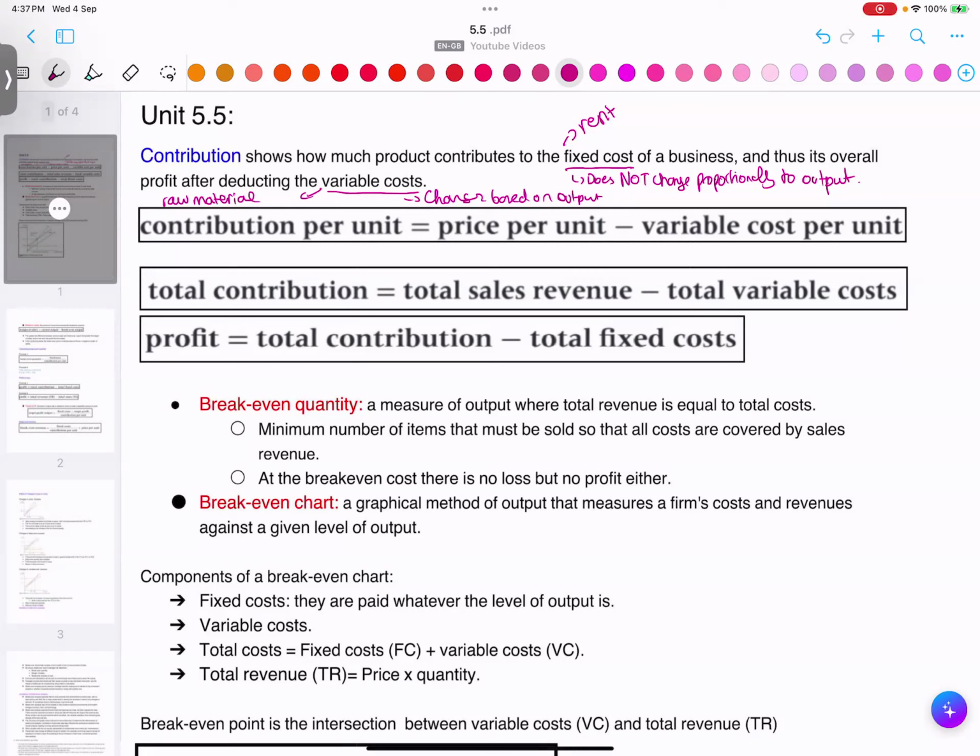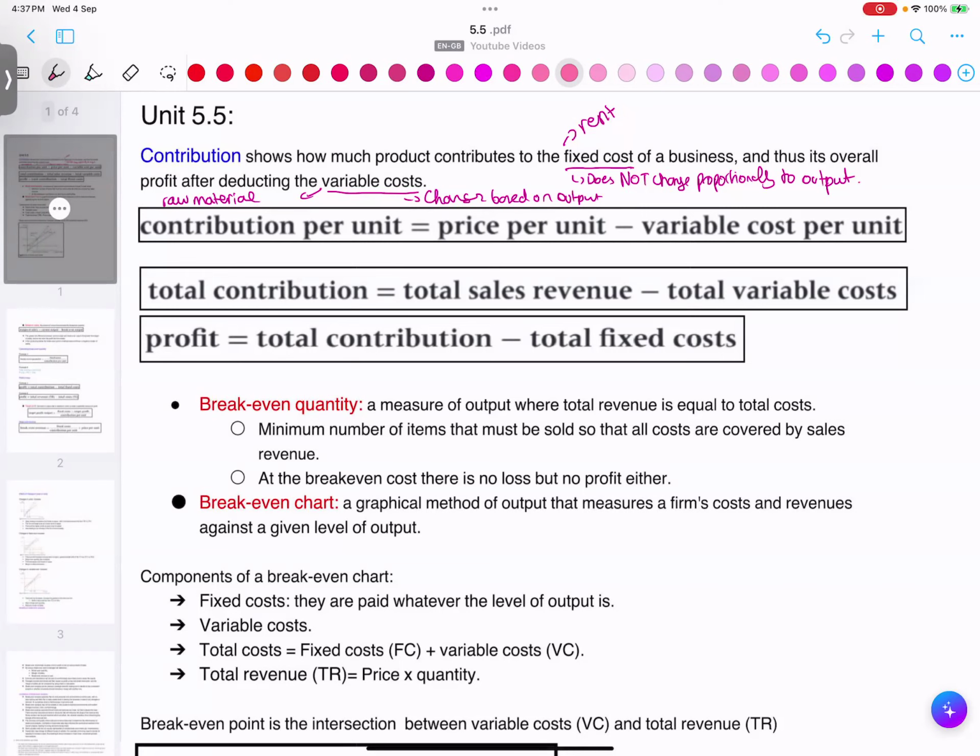Now let's show you the equation of contribution, because there are two ways of calculating it: contribution per unit and total contribution. Contribution per unit is the price per unit, so what the good is sold for, minus the variable cost per unit, what it costs the business to make the unit.